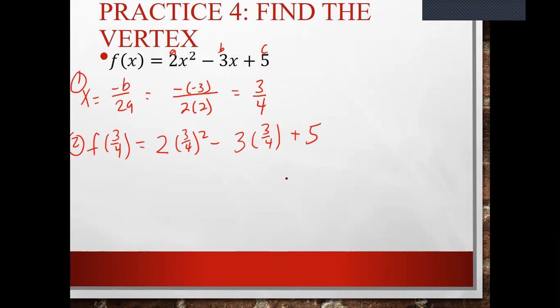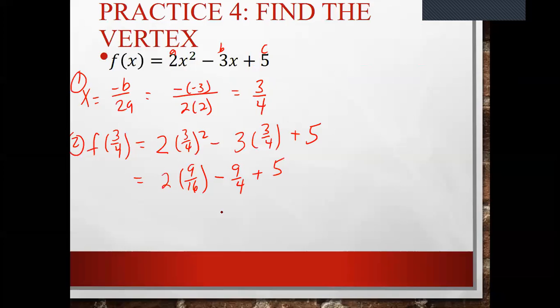Does that make sense? So that gives us 2 times 9/16 minus 9/4 plus 5. That gives us 18/16 minus 9/4 plus 5.